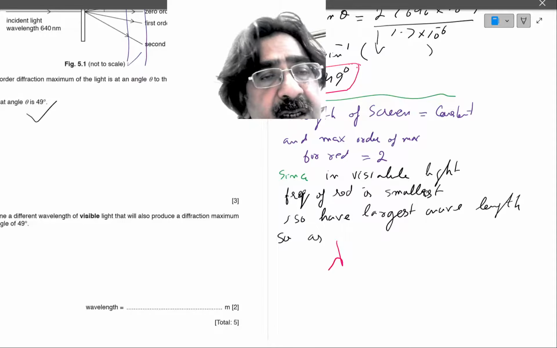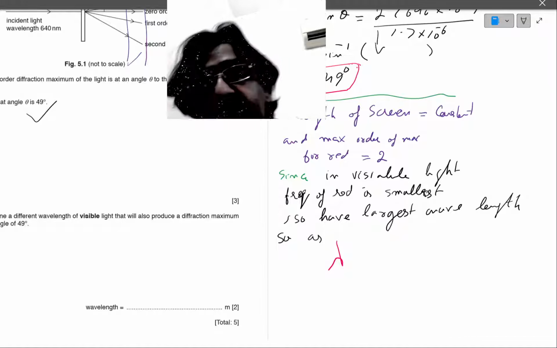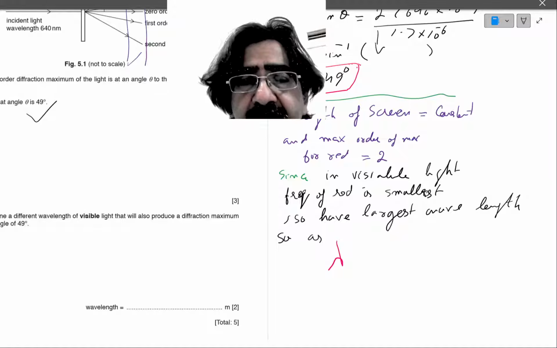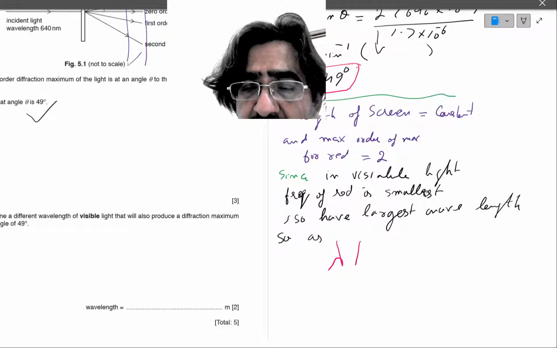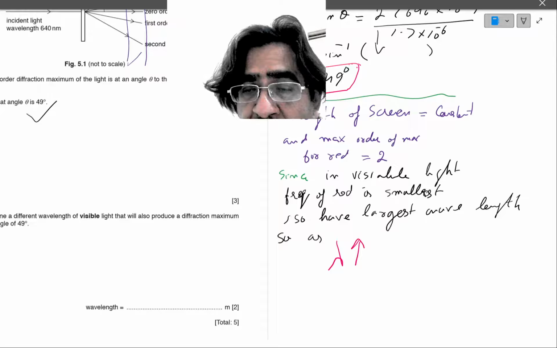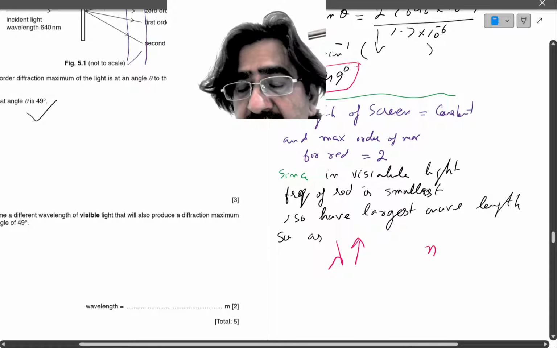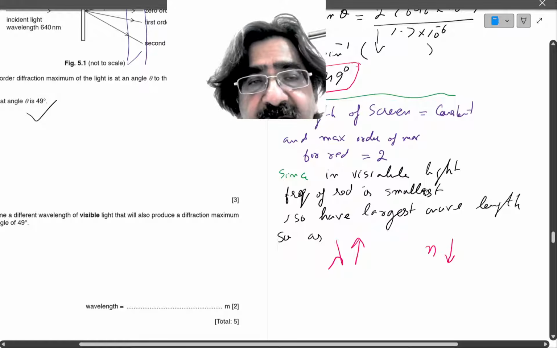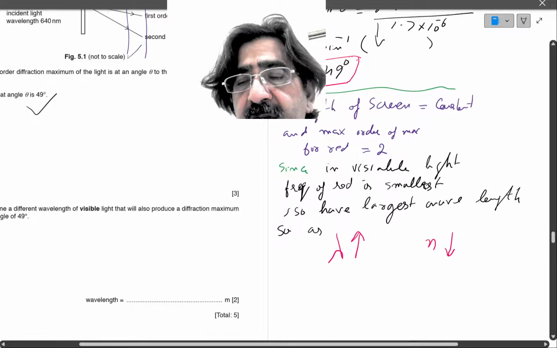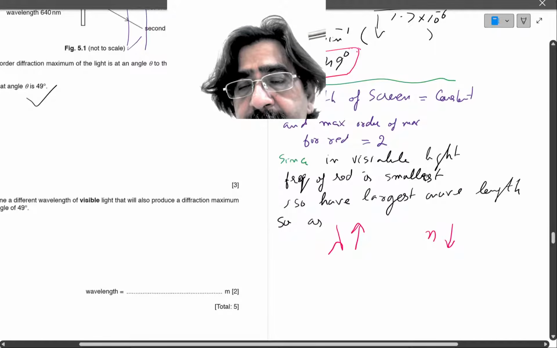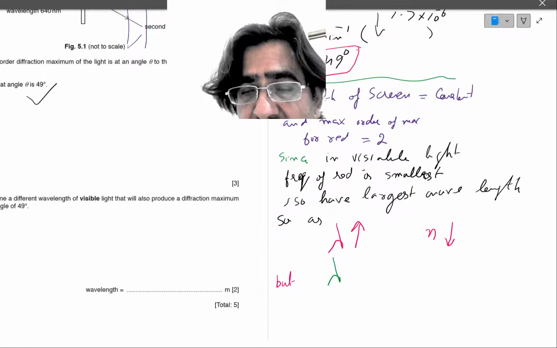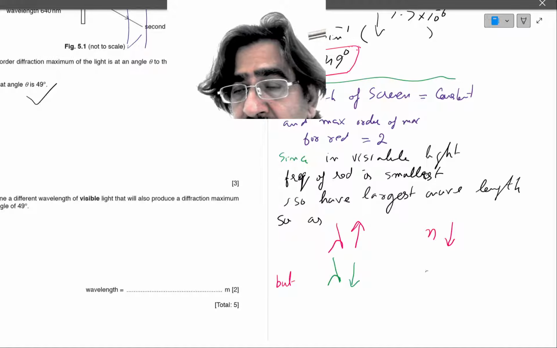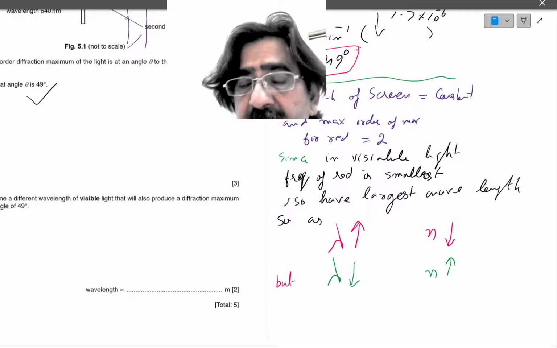Since the length of the screen, yes, the screen length or diameter or dimension, is constant, as the wavelength is increased, n will be decreased. The number of wavelengths observed on the screen will be less. But if the wavelength is decreased, the n number will be increased.